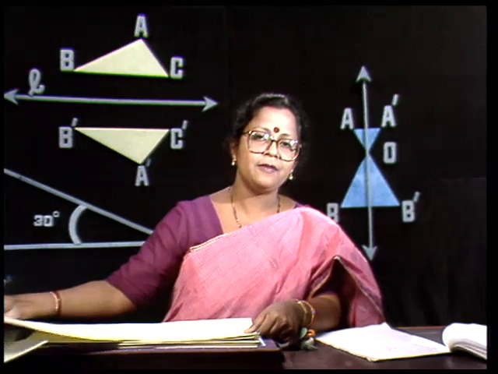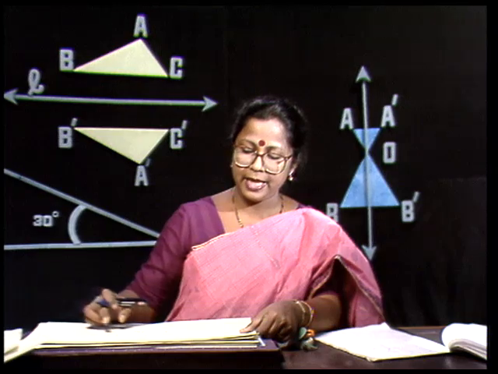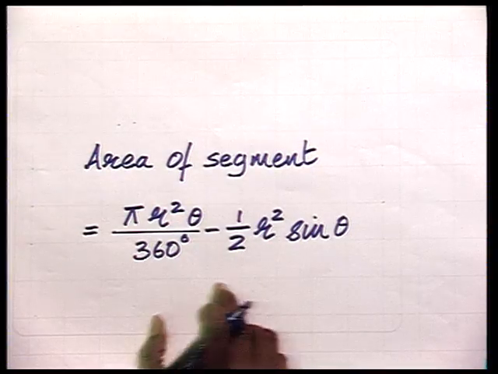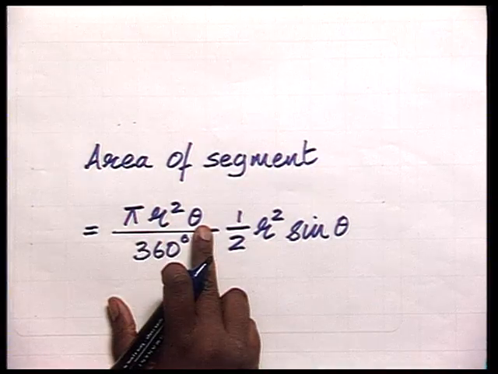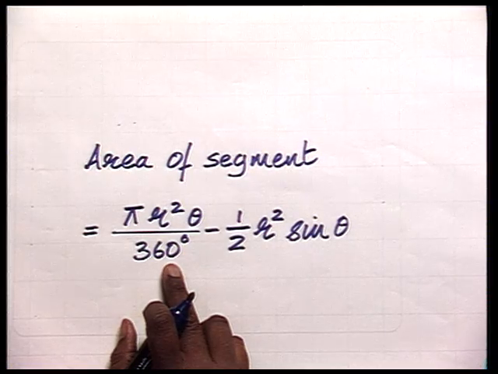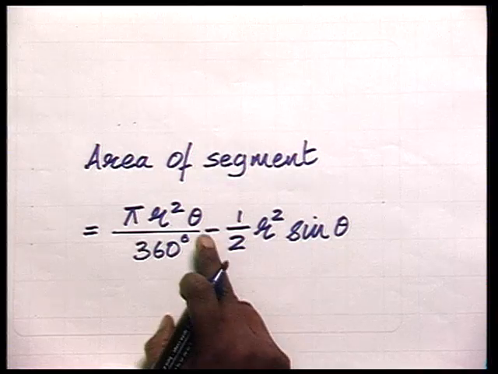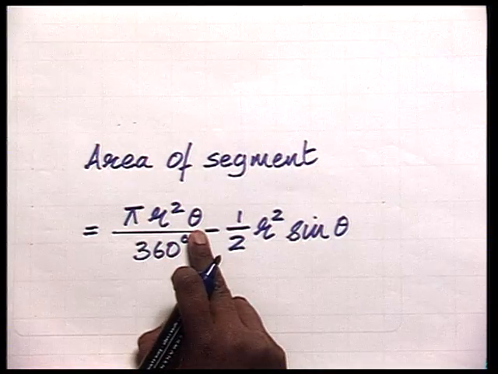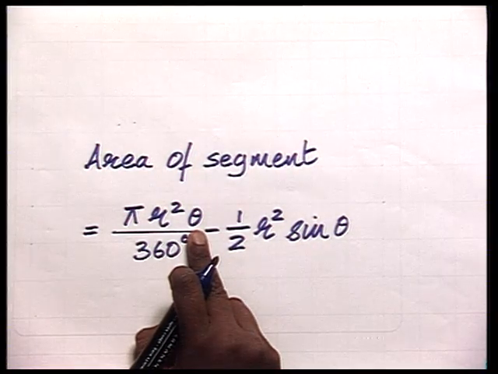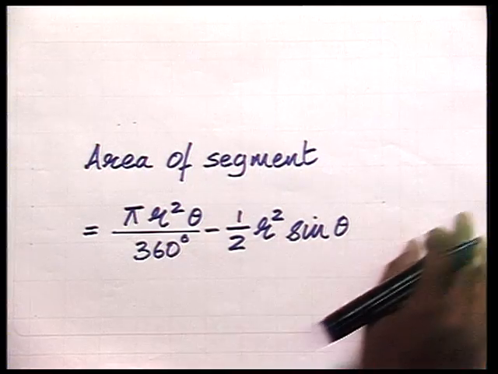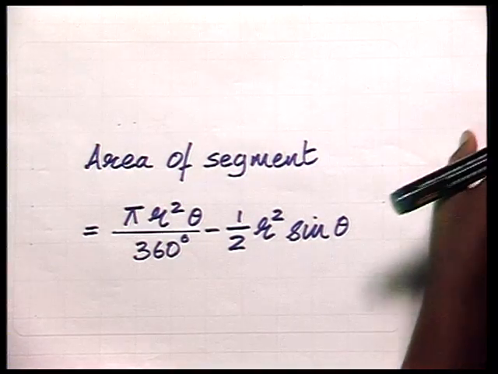So, what is area of a segment ACB? Area of a segment is equal to pi r square theta upon 360 degree minus half r square sin theta, where theta is the angle made by the segment at the center and r is the radius of the circle.